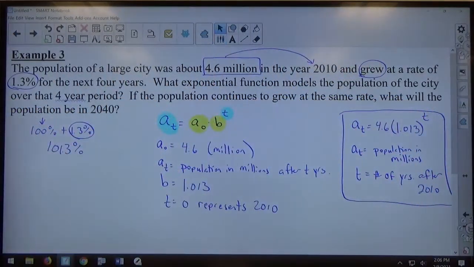When they're asking you to create an exponential model, create the equation and then define what the variables represent. Have the reader of the problem know exactly what these variables represent.